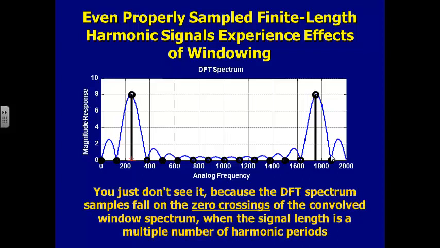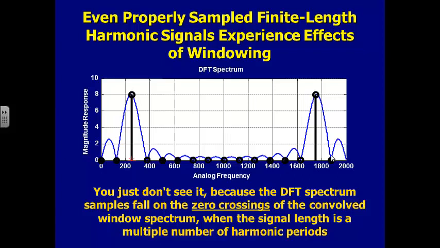Okay. So even when we do things right, this truncation effect is still showing up. It's just very benign. And if we are smart enough to be able to do this, this is all we would do. But usually, again, we don't know what frequencies are coming in. We are going to get some leakage.